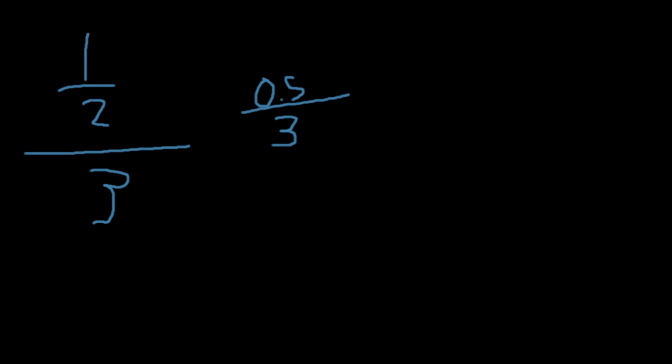well, we don't know what 0.5/3 is, but we know what 1/3 is. 1/3 is 0.3 repeated. So then, wouldn't half of it be just half of this? Well, if we do a calculation, it would be 0.16666 and so on.